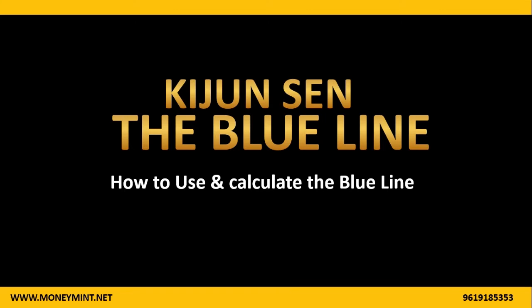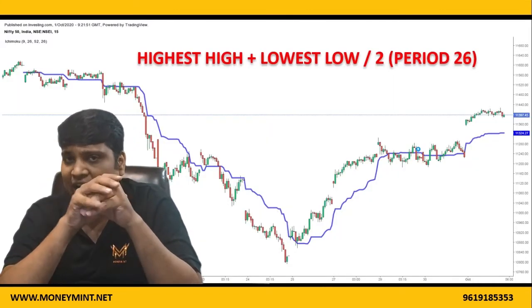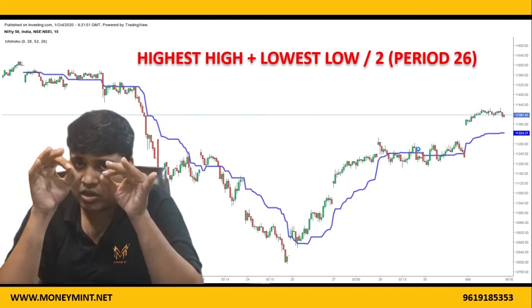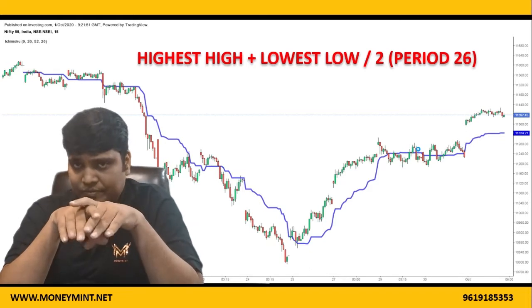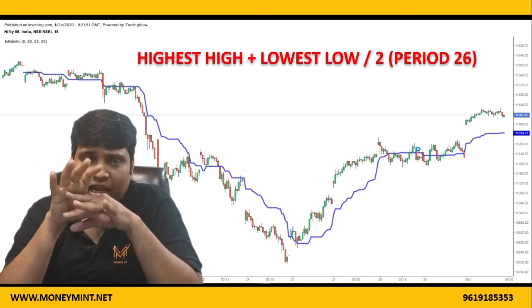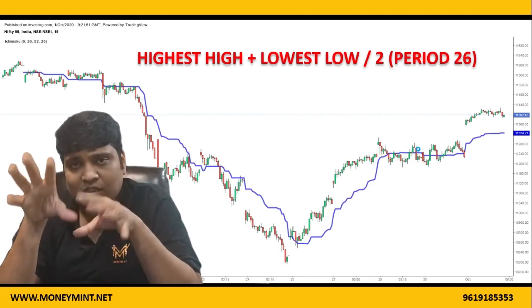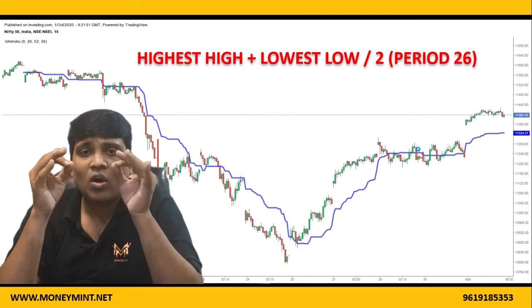This line is formed by the 26 period highest high and 26 period lowest low, divided by 2. Once you do that, the line which is formed is called the Kijun-sen or blue line.